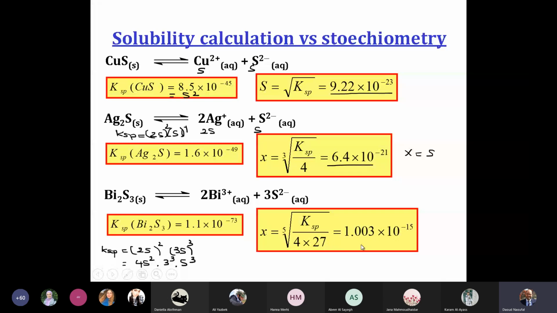So it equals 1.003 × 10^-15. So which is more soluble? 10^-23, 10^-25, 10^-15. So Bi2S3 has the greatest solubility.